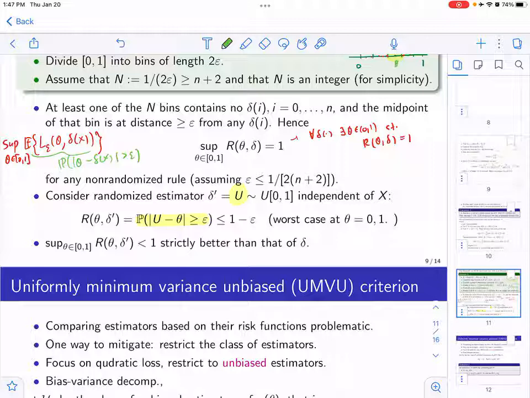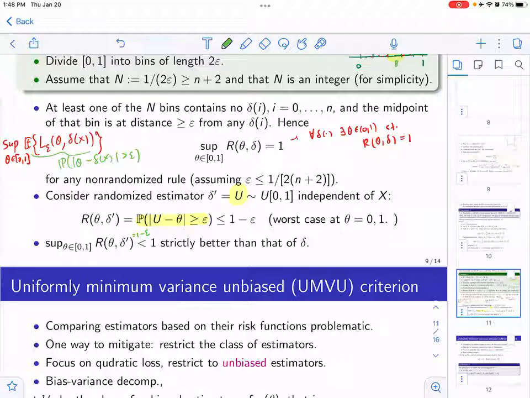The worst cases are at theta equals 0 and 1. So for any theta, this is less than or equal to 1 minus epsilon. So the supremum is less than or equal to 1 minus epsilon, which is better than 1.